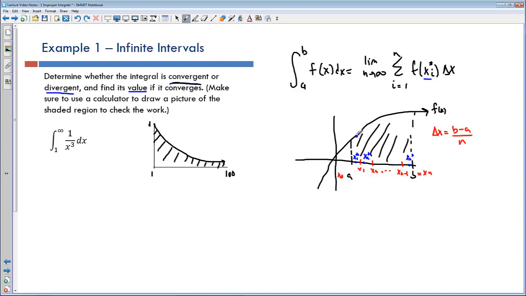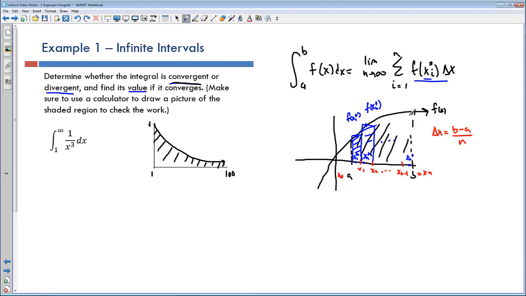And then you use that point to find the height of the function right above it. So that's f of x sub 1 star, and then you can make that little rectangle. That's what this thing is representing: this is the height, and this is the length delta x, and it gives you the area of that little rectangle. Then you add them all up. This little height here was f of x sub 2 star, and you get the areas and add them all up.